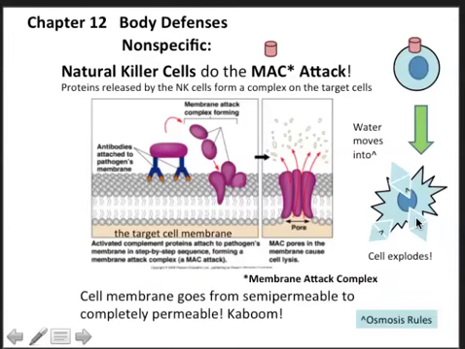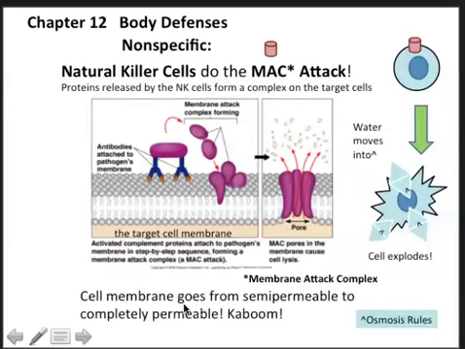Another example of our nonspecific defenses, I told you that there are chemical processes that can compromise membrane integrity. This is an example of how natural killer cells compromise cell membrane integrity in infected cells or in pathogens. What happens is that proteins released from the natural killer cells form a hole that pierces the membrane of either the pathogen or the infected cell, and that causes the cytoplasm to leak out and the cell to shrivel up and die.